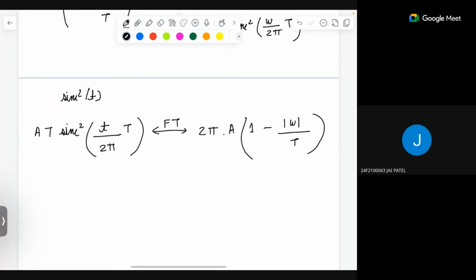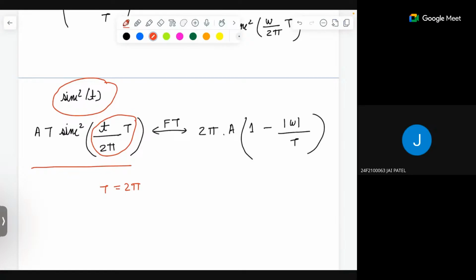Okay. Now, what we will do is we want to find the Fourier transform for sinc square t. So let us try to create this here. To make it sinc square t, I will make capital T equal to 2 pi.